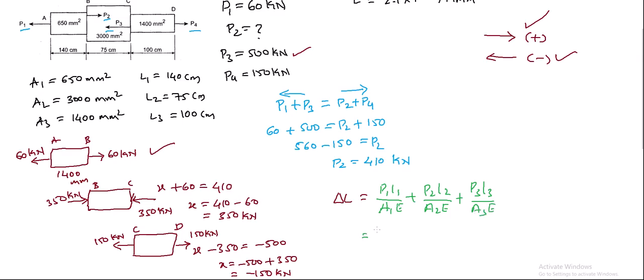So now if I substitute, P for the first element is 60, and I am substituting in newtons, and L is 1400 mm, and the given cross section area is 650, and Young's modulus is 2.1 times 10 to the power 5. Similarly for the second element, which is P2 L2 by A2E. So P2 is 350, right.